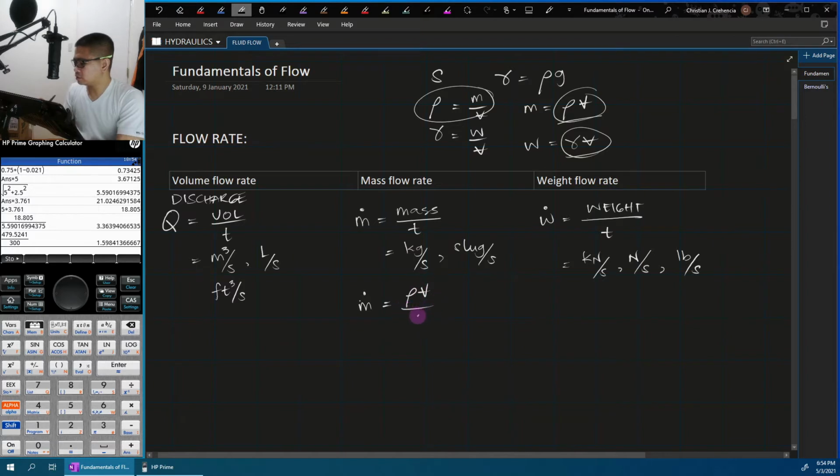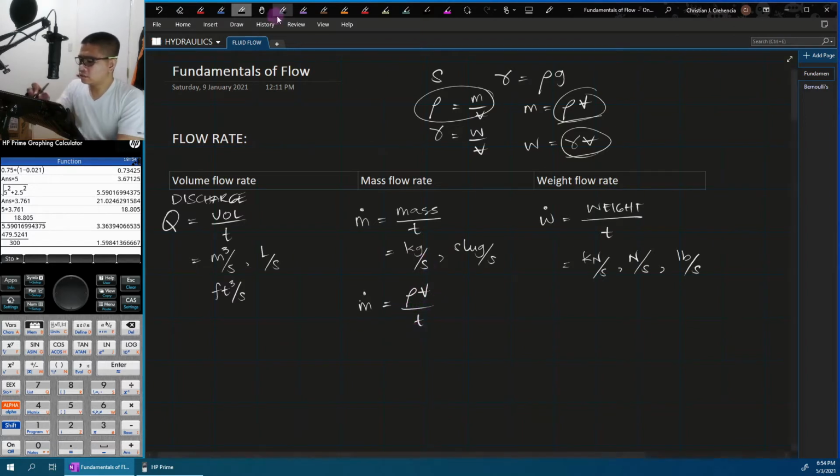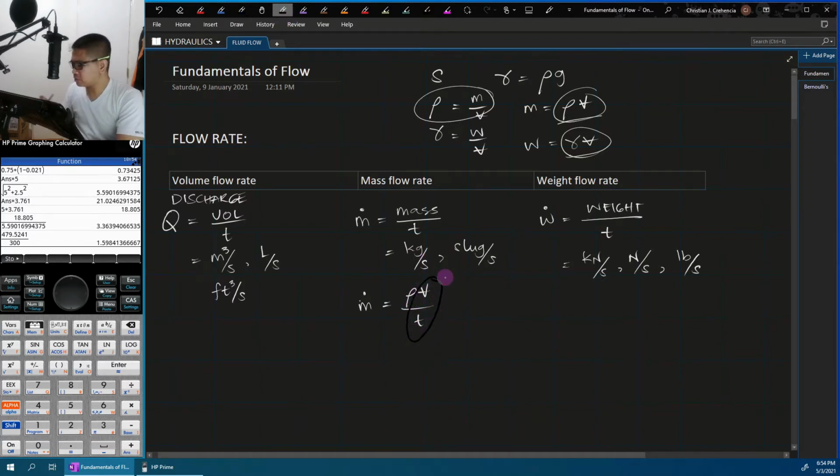Then over time. And volume over time is, diba? So that is discharge. So this is discharge Q. So solving for the mass flow rate, this is simply equal to the discharge times the density.